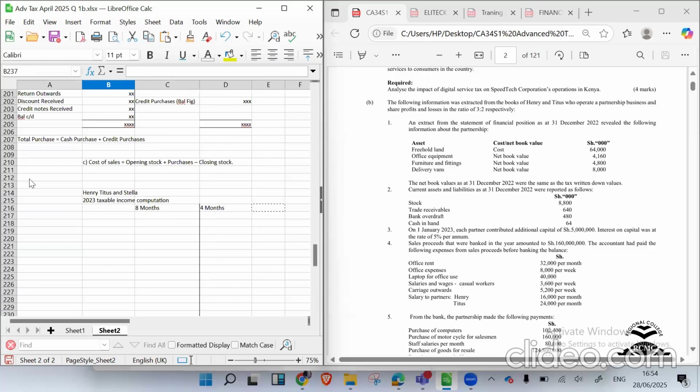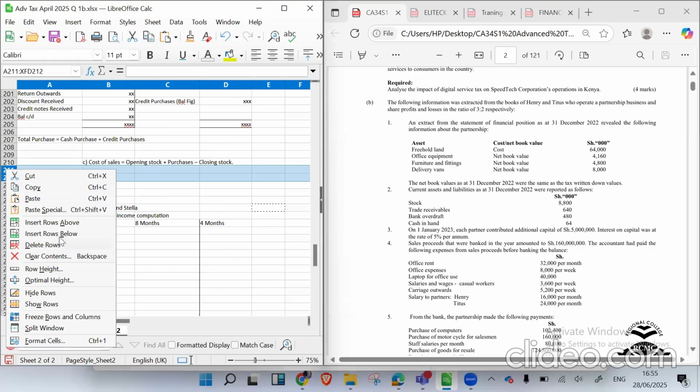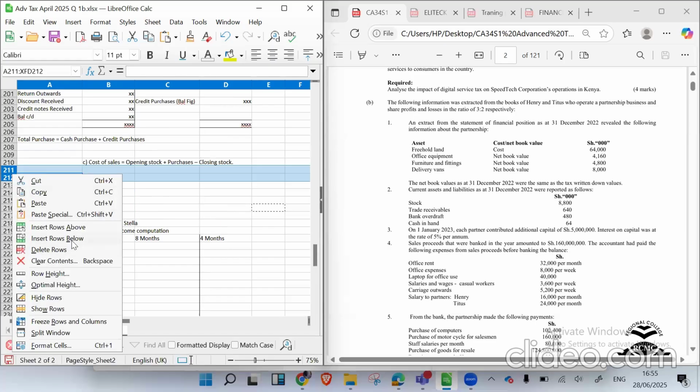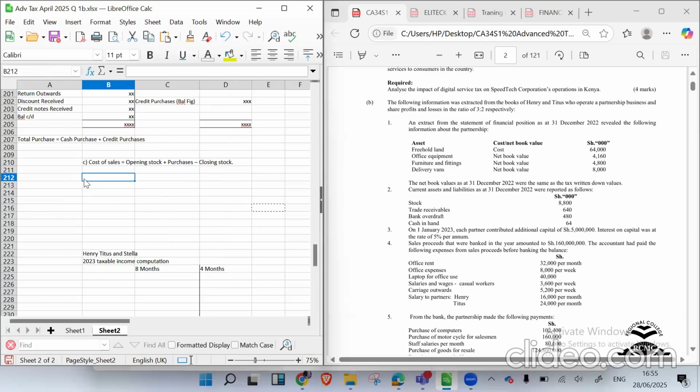And before we reach here, we need to have our workings. Before tuanzane na kutengeneza income statement, we need our workings first of all.